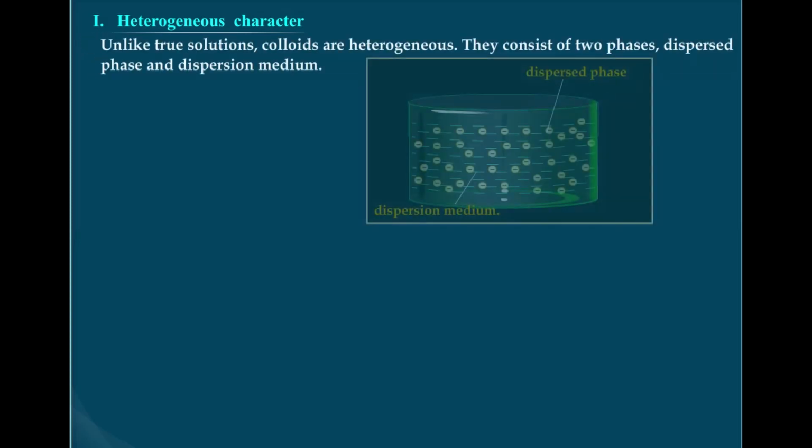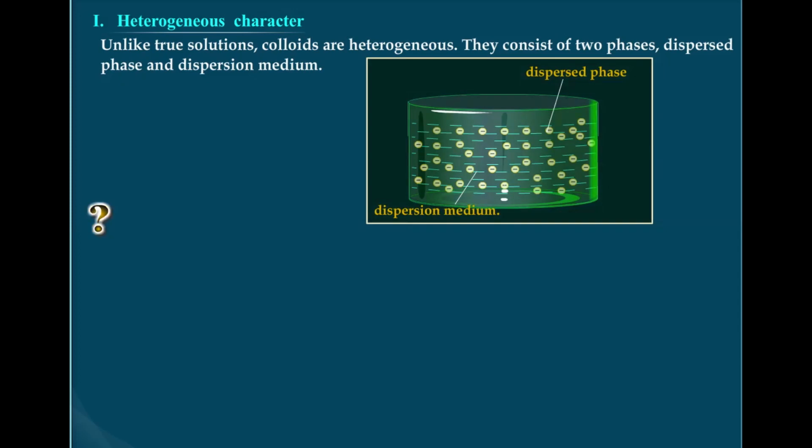They are not homogeneous, they are heterogeneous. Unlike true solutions, colloids consist of two phases, the dispersed phase and the dispersion medium. The particles are bigger than the particles of a true solution, that is, they cannot be seen with the naked eye.